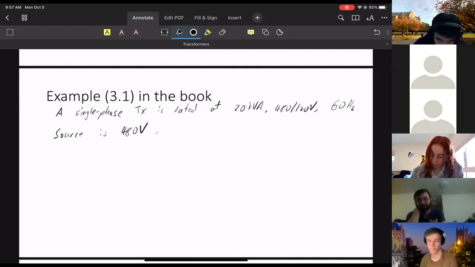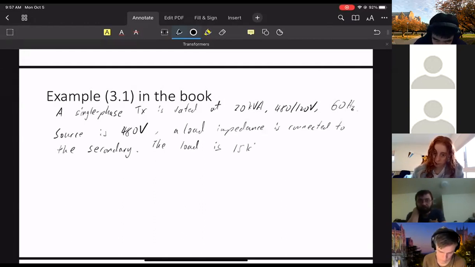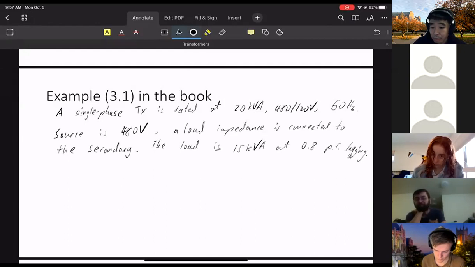And a load impedance is connected to the secondary. The load happens to absorb 15 kVA at 0.8 power factor lagging. So this is what we have for the load.